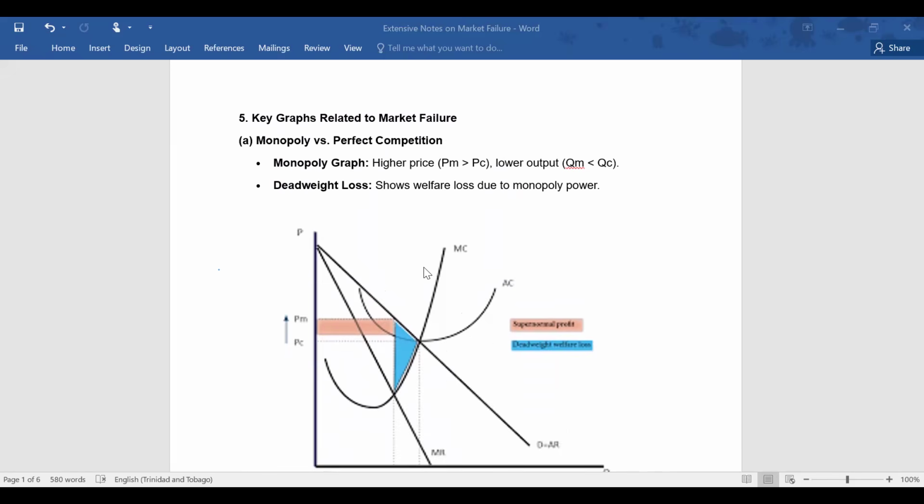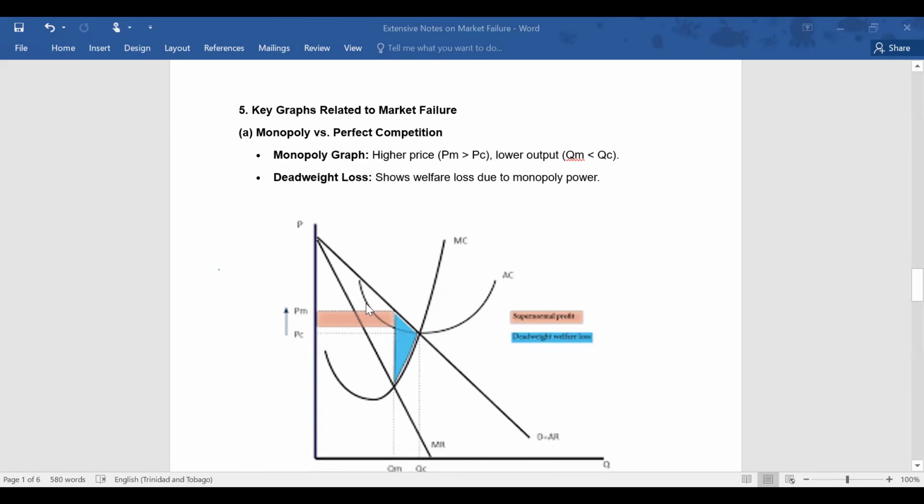The monopoly would have a higher price than companies in perfect competition, for example. And that higher price would lead to what we call deadweight loss, or welfare loss, because now fewer people will be able to afford the good or service.